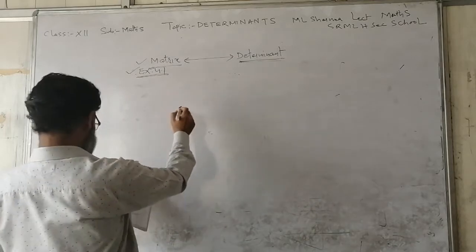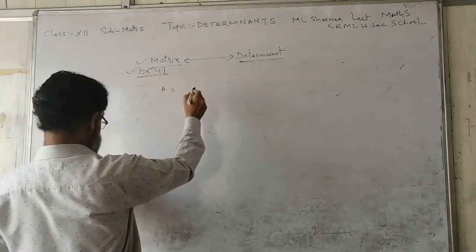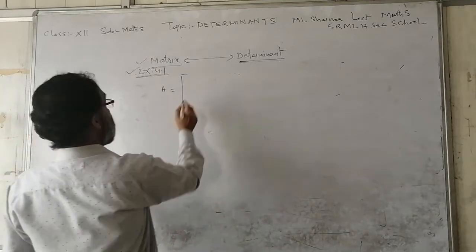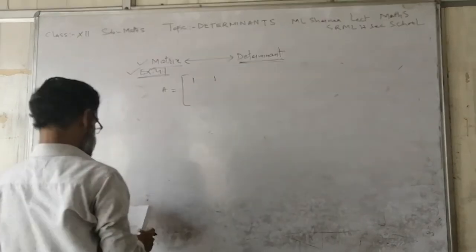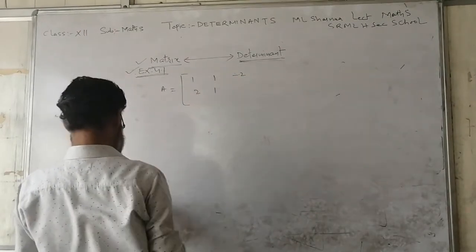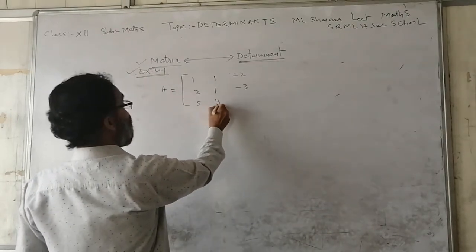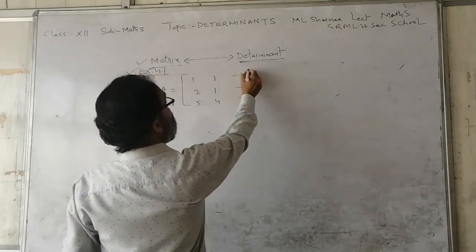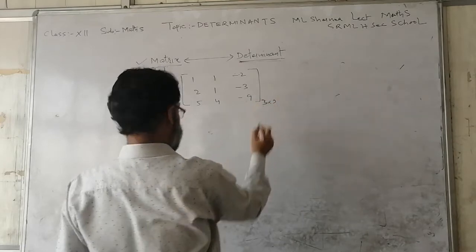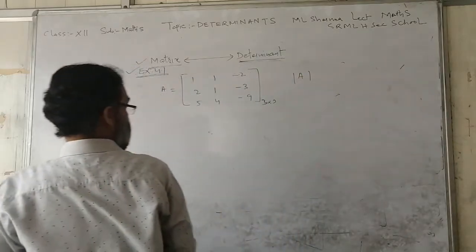Today, if I take a question, say this matrix is given as 1, 1, minus 2, 2, 1, minus 3, and 5, 4, minus 9. So this is a matrix of 3 by 3 order. 3 rows and 3 columns are there, and I have to find its value, that is determinant A.